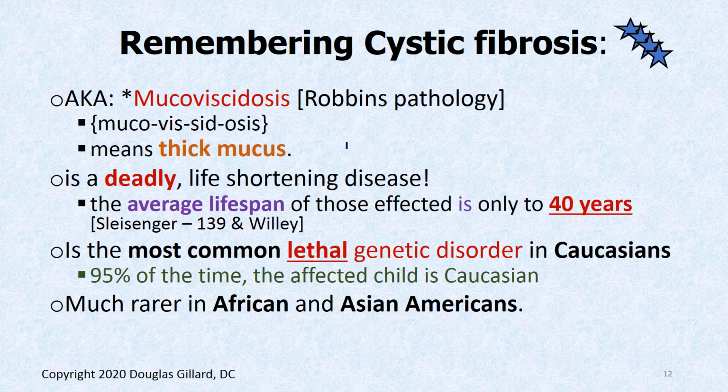It's a deadly disease. It's a fatal disease, and it cuts your life about in half. It is the most common lethal genetic disorder in Caucasians. About 95% of the time, the child affected is white. Much rarer in people of color.